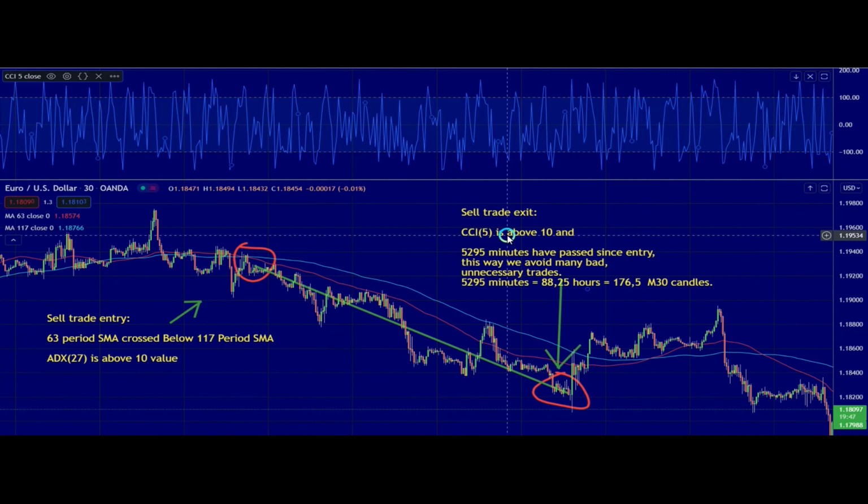Then what we have is the 5 period CCI is above 10, and we have here our X minutes have passed since entry parameter as well, and we are at a position where we have to hold our trades for more than 3 days, 3.5 days approximately. And I calculated the candle count for you if you need it, and the hours as well.